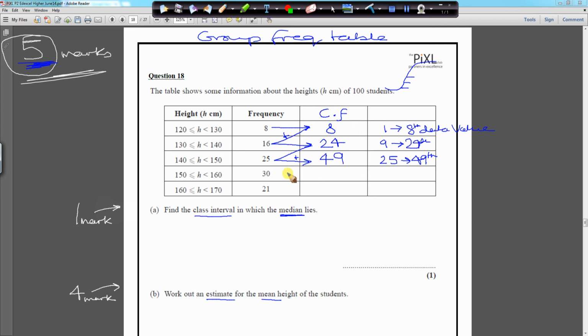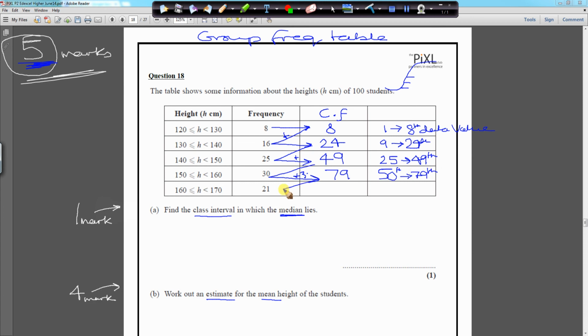Now we do 49, add the 30. That will give us 79. In this part, from 49 to 79, it contains the 50th data value up to the 79th data value.